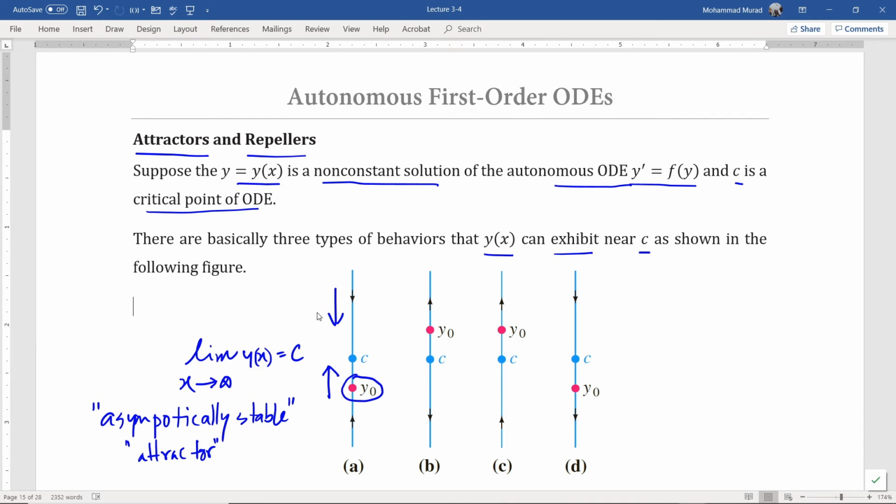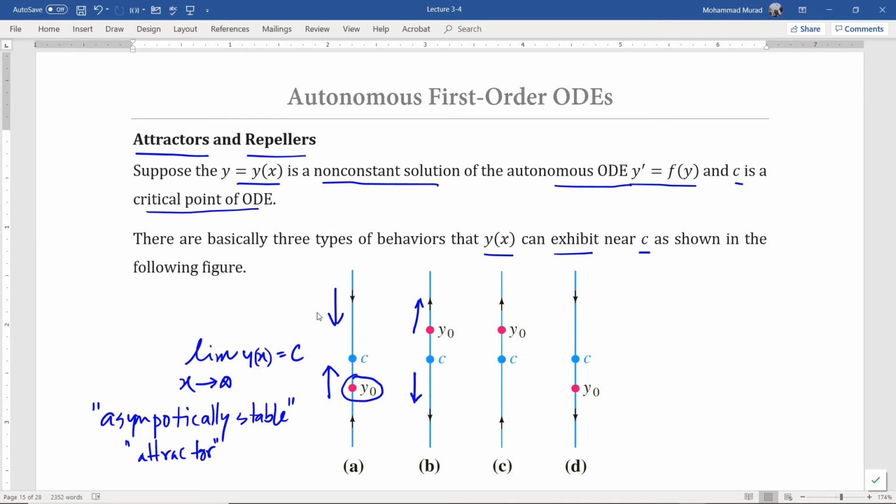When both arrowheads on either side of the dot labeled C point away from C, as in figure B, all solutions y of x that start from a point with coordinates x sub 0, y sub 0 move away from C as x increases.